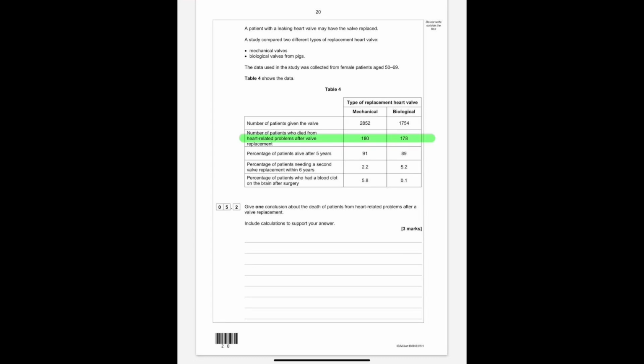Okay, so this is the column that we're going to look at. So all we have to do basically is we need to do one. Let's look at mechanical first over here. So I'm going to write down mechanical. So we know there was a total of 180 patients that died after the replacement.